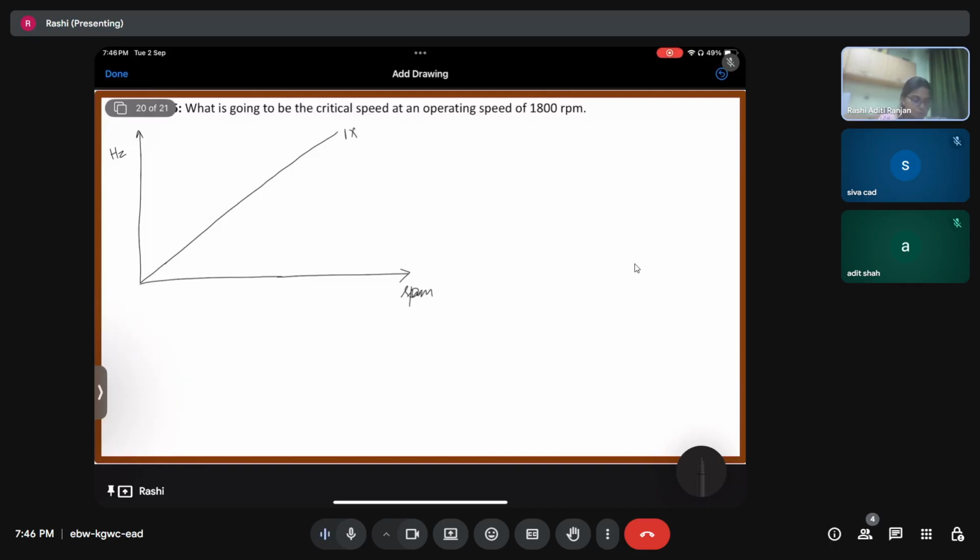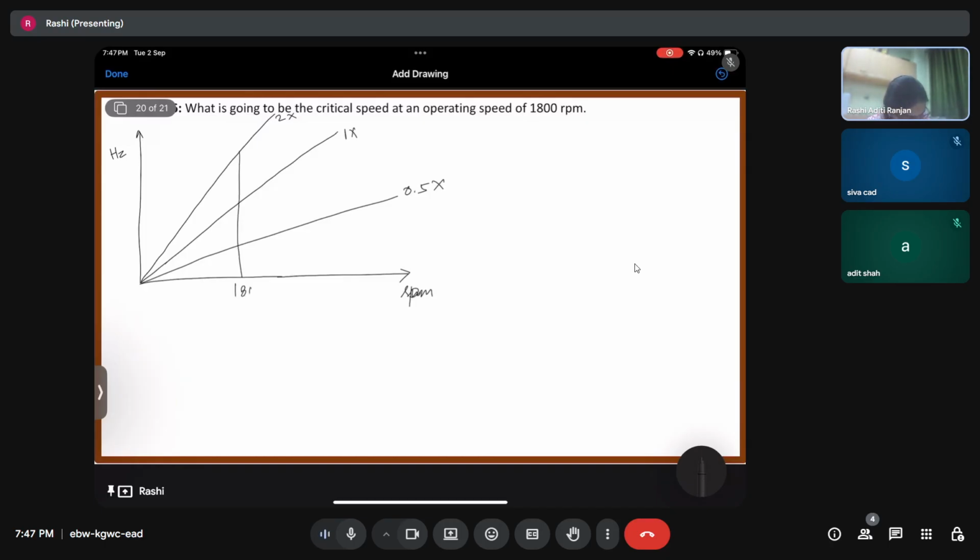Now suppose we are going to have different RPMs of my system. So we need to find out what is going to be the critical speed at an operating speed of 1800 RPM. So I basically designed the question in this way. This was 0.5x, this was 2x, and then it was something like this.